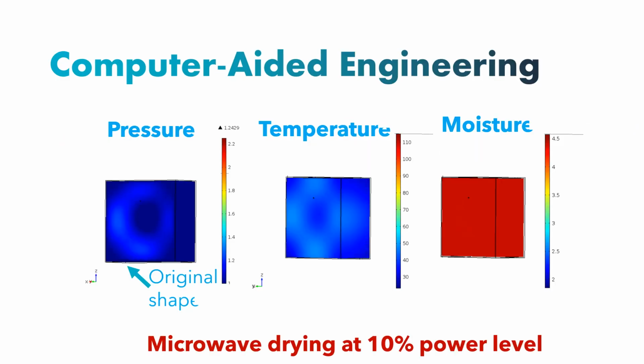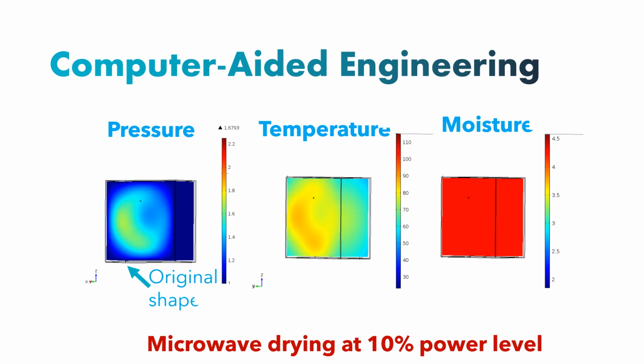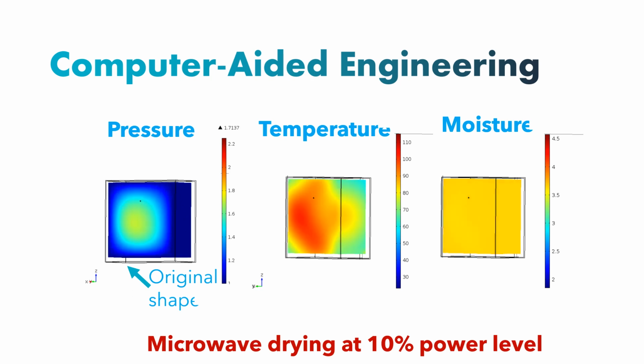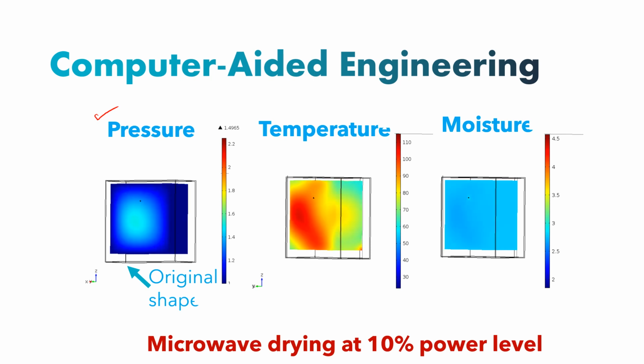So here we see an example of computer-aided engineering. In this case, it's a model showing simulations of microwave drying of a cube of potato. And the first picture shows the pressure inside the cube, and it's pulsating because the microwaves are going on and off.